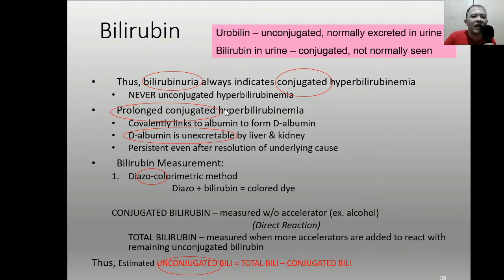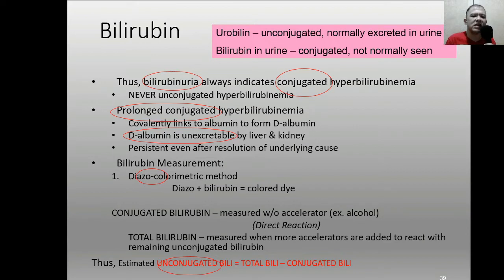Prolonged conjugated hyperbilirubinemia is secondary to linking of bilirubin to albumin to form delta albumin. Delta albumin is a complex between the bilirubin and albumin.